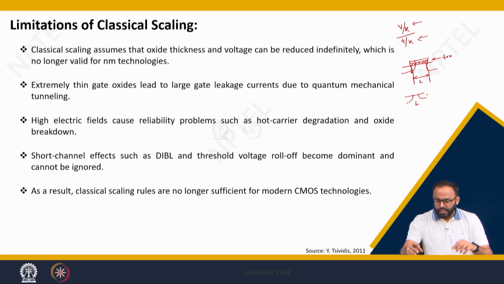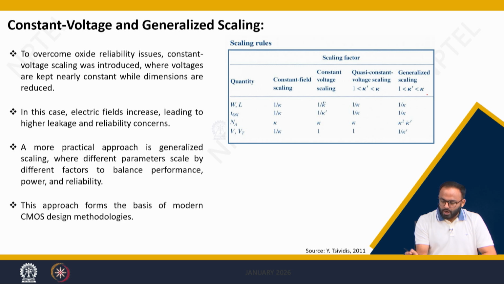That is why we need to do some optimization in classical scaling. One way out is to use quasi constant voltage scaling or quasi scaling, meaning it is not mandatory that all the parameters like voltage and dimensions will be scaled by the same factor. You can choose a factor like k dash.